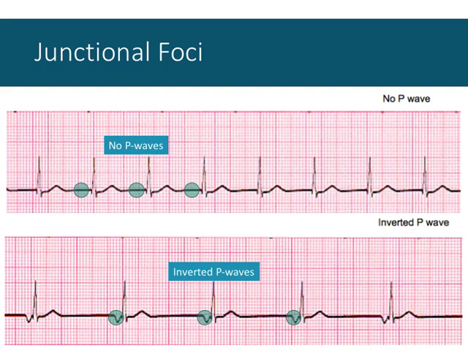So the atria are depolarizing. They're just depolarizing in reverse. Positive wave away from the positive electrode, because it's being initiated at the AV node and traveling back towards the top of the heart.